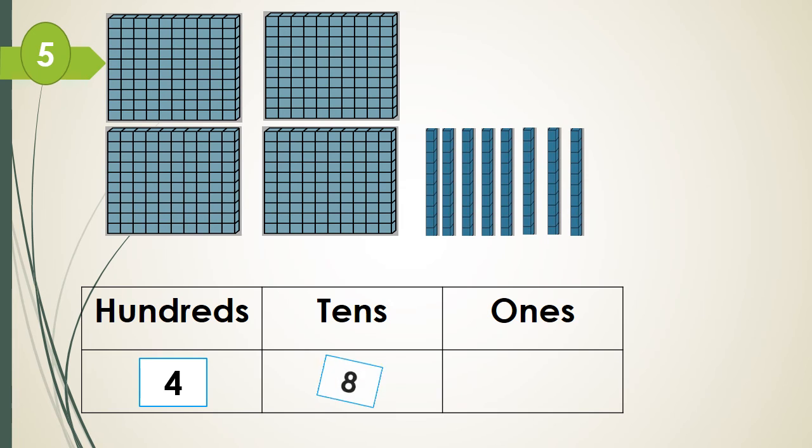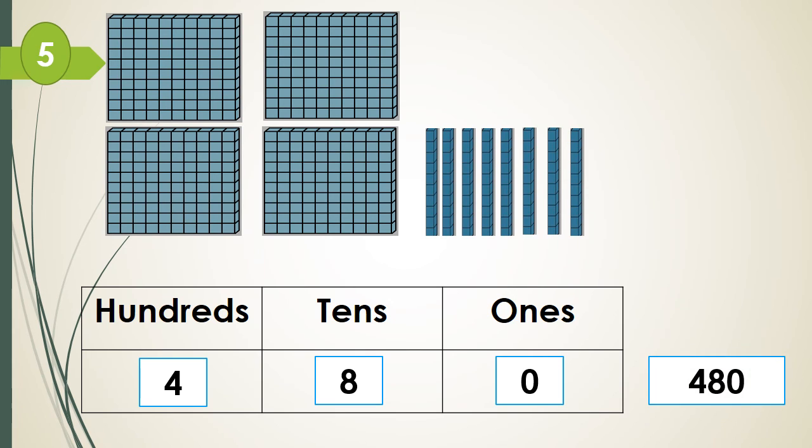How many tens? I have 8 tens. Do you have any ones? No, so I put a 0. I write it as 4 under the hundreds, 8 under the tens, and 0 under the ones digit. The number is 480.